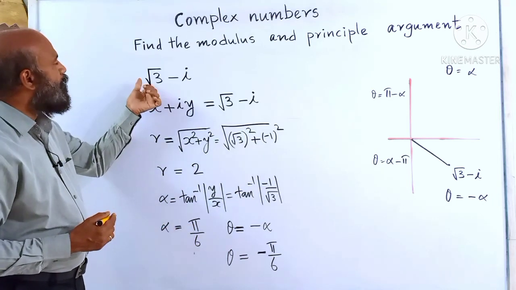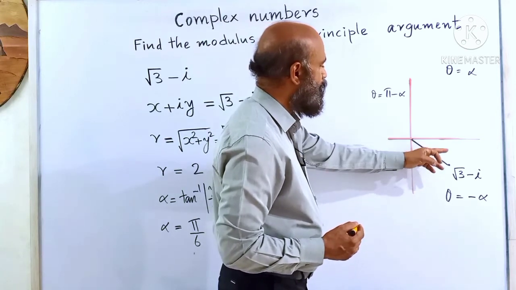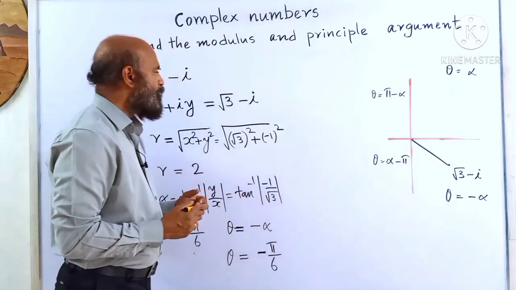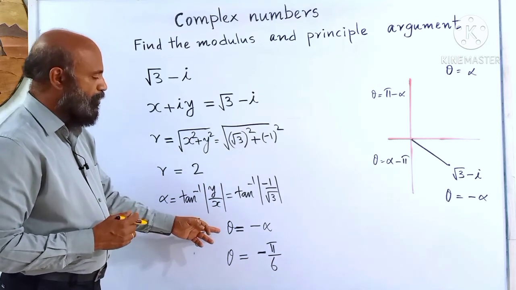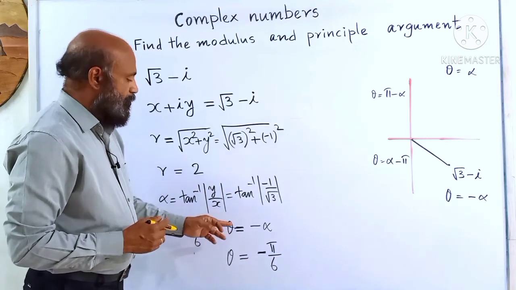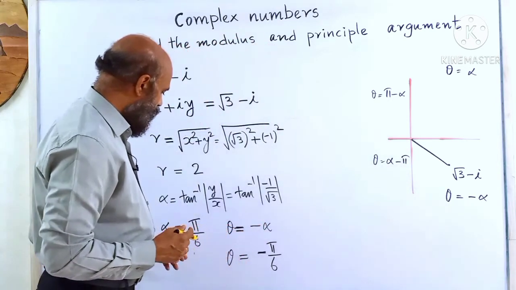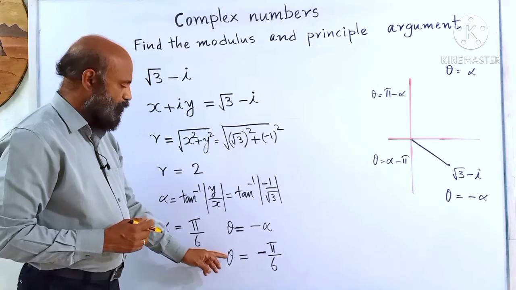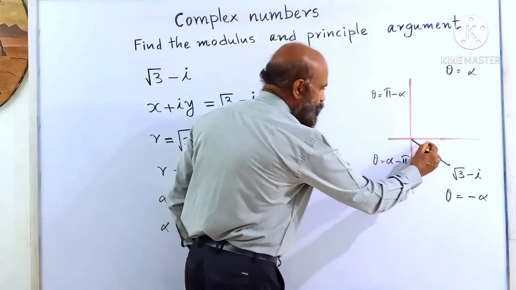Here the real part is positive and the imaginary part is negative. So the complex number is in the fourth quadrant. In the fourth quadrant, theta is minus alpha. So alpha is pi by 6, so theta is minus pi by 6.